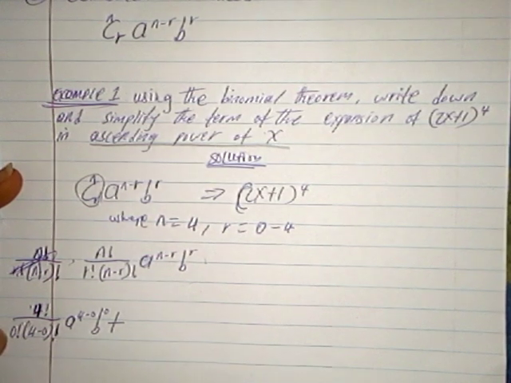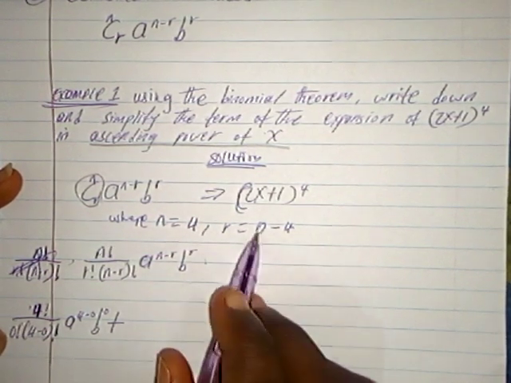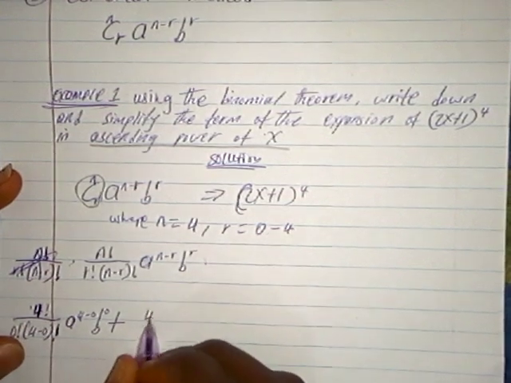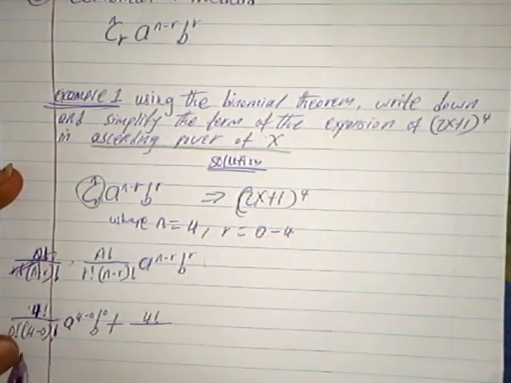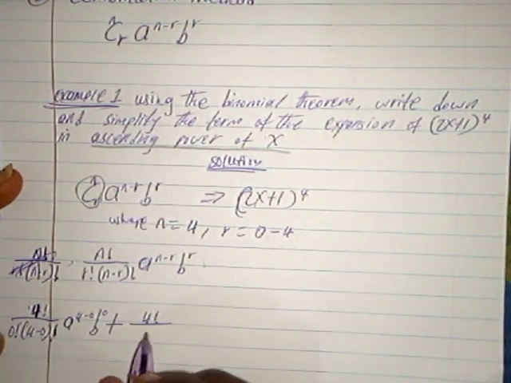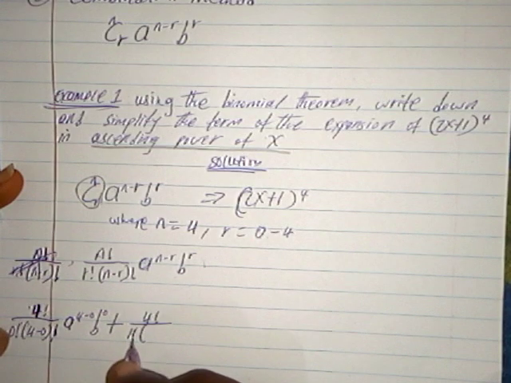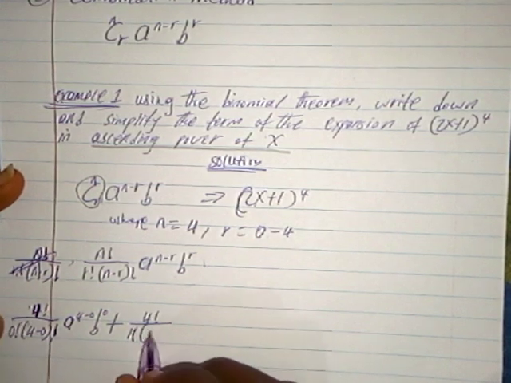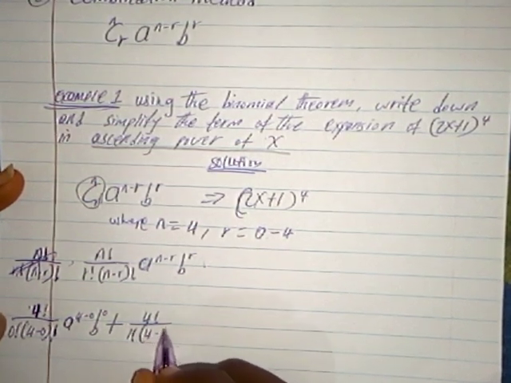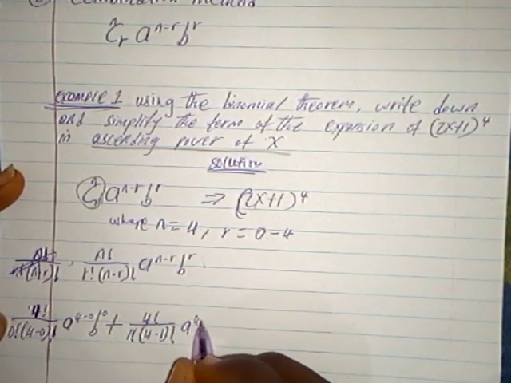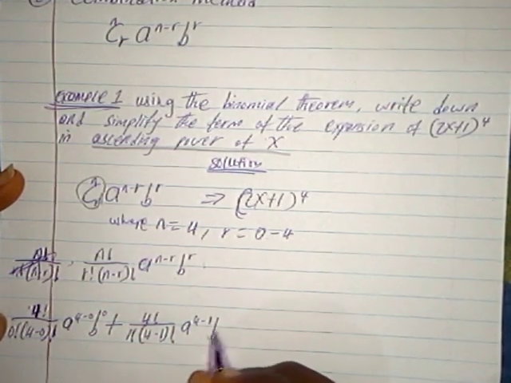For the second, we are going to use r equals 1, right? So say 4 factorial, same thing. What is going to change here is the value of r, which is 1 factorial. Now r is equal to 1; there r was 0. You get it? (4 minus 1) factorial, a raised to the power 4 minus 1, b raised to the power 1.